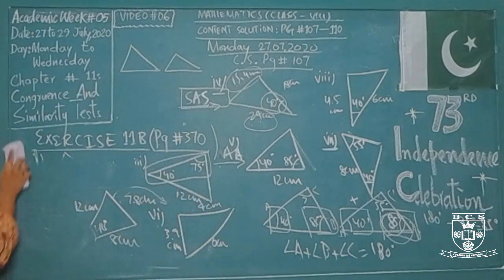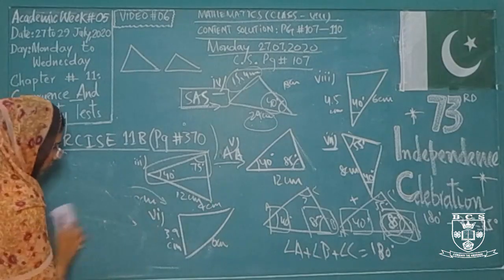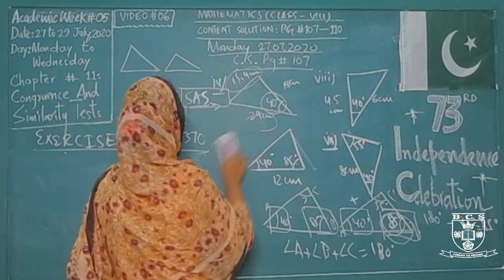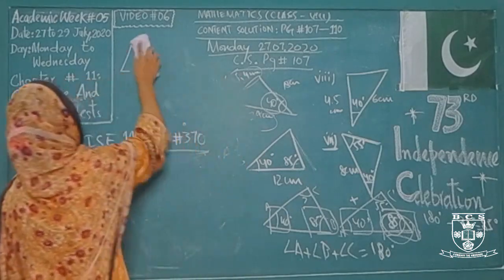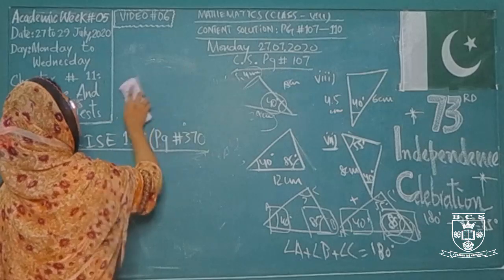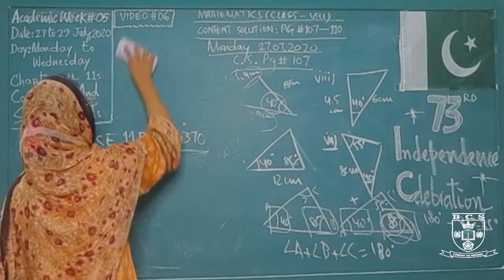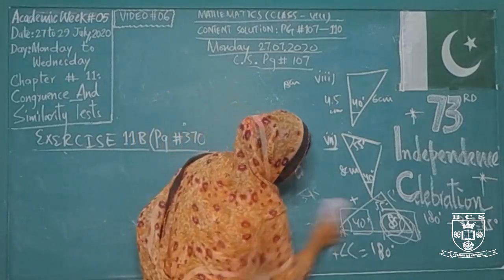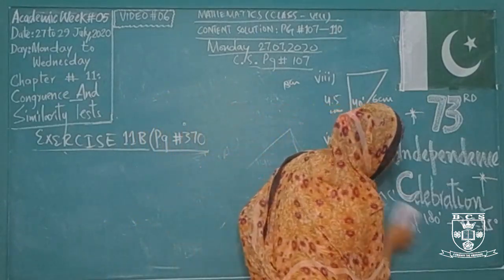How do we prove the similarities for the different triangles? Now we are starting our question number 2. Question number 2 is also similar to your exercise 11A. In exercise 11A, we discussed question number 2 for different triangles.